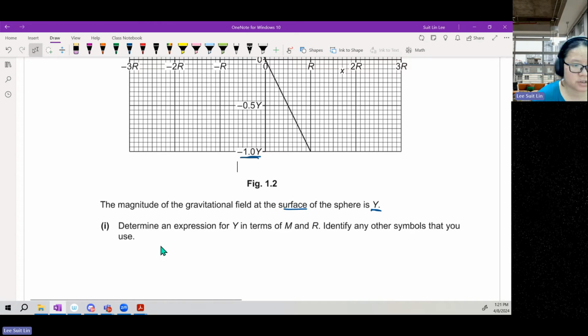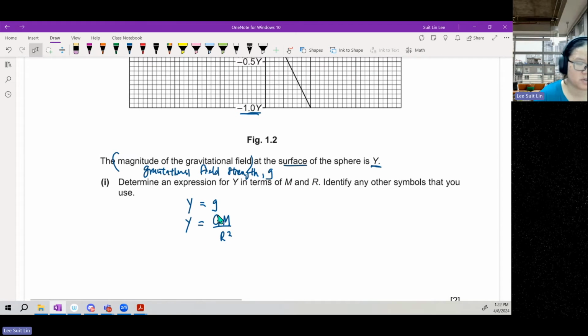Well, the magnitude of gravitational field is gravitational field strength, because it tells us how strong the gravitational field is. So Y is equal to g, but to calculate g, it would be GM over R squared. This one is at the surface.